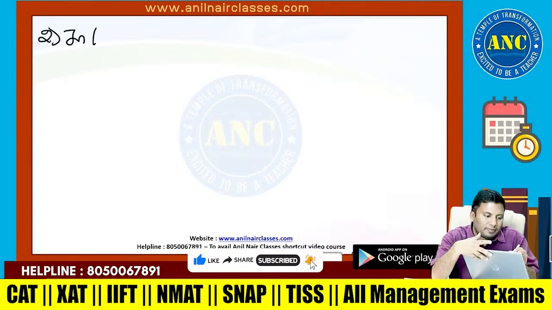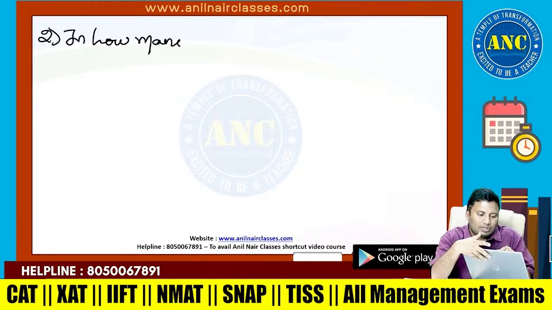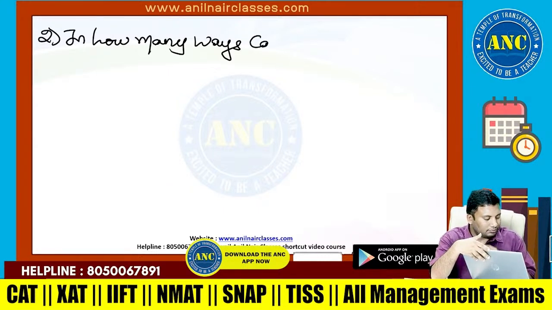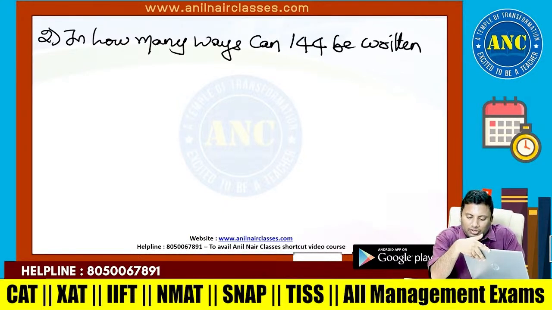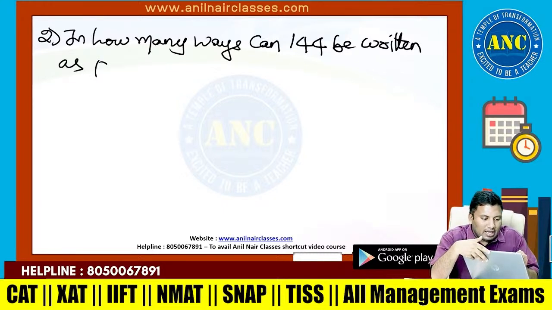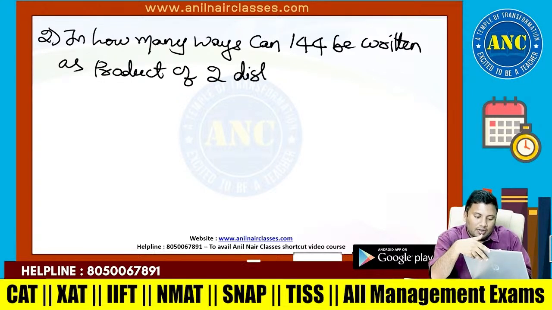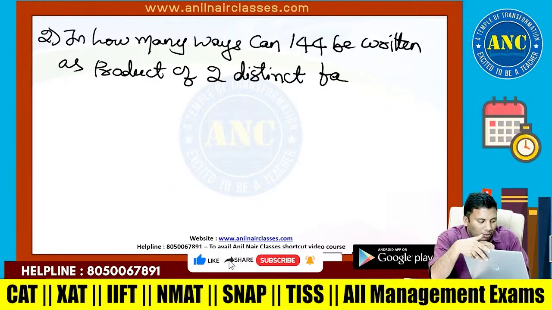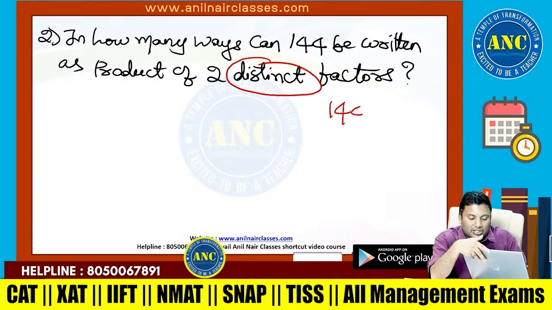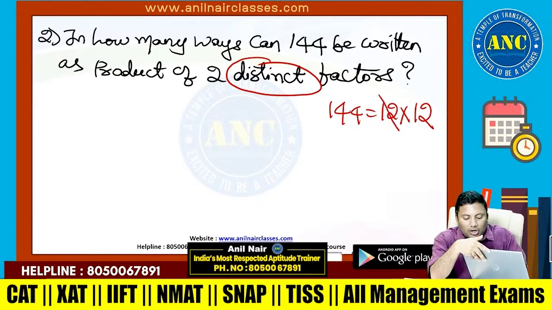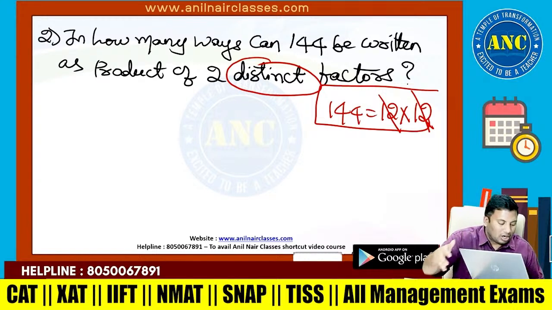In how many ways can 144 be written as a product of 2 distinct factors? 2 distinct means you cannot write 144 as 12 into 12. 12 into 12 is not distinct.